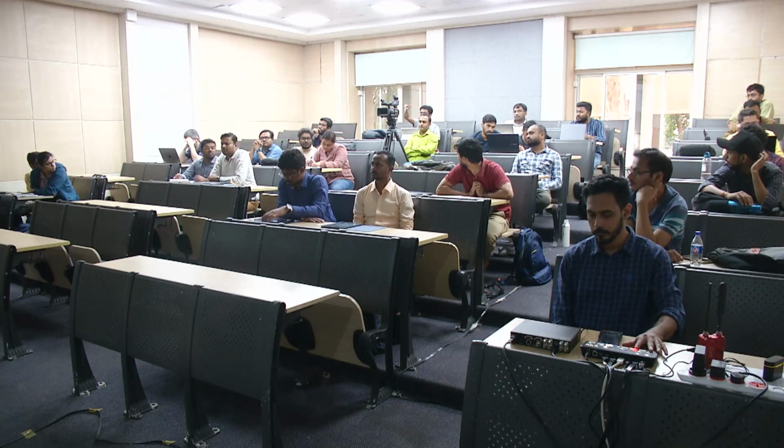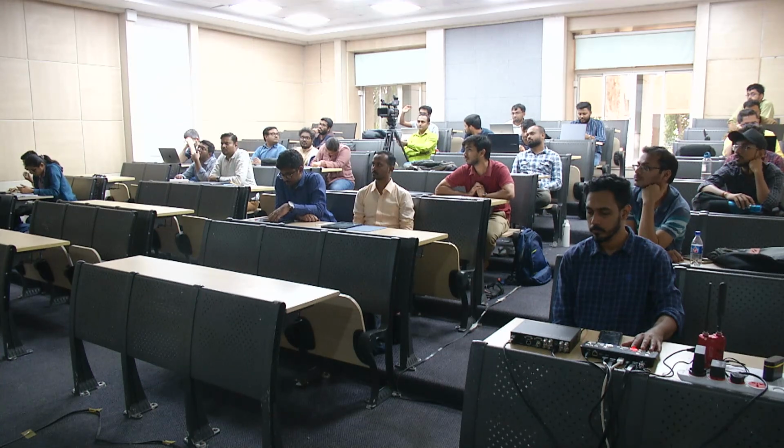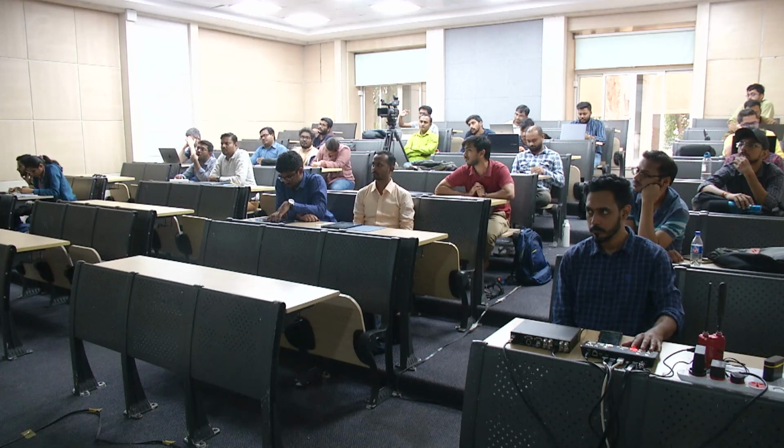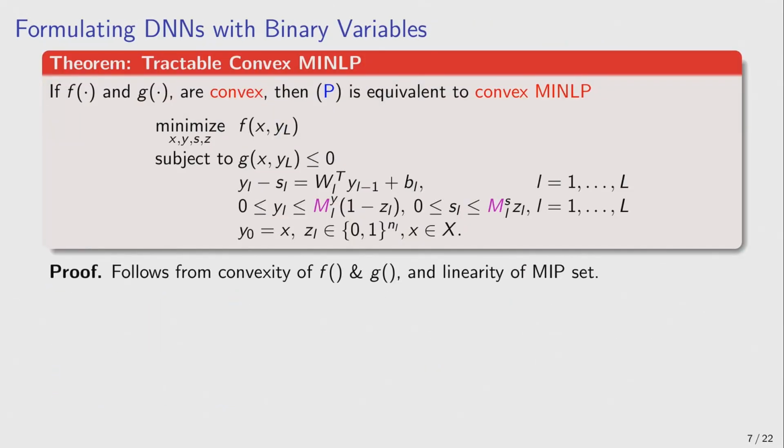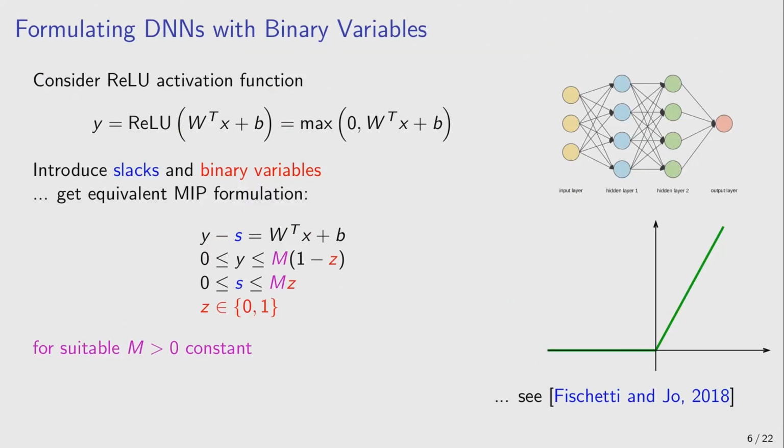Yes? Correct, yeah. I sort of brushed over that a little bit. The formulation that I showed was for one neuron. So I need a binary variable for every neuron, and that's what makes this expensive.